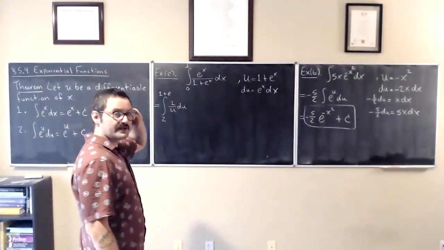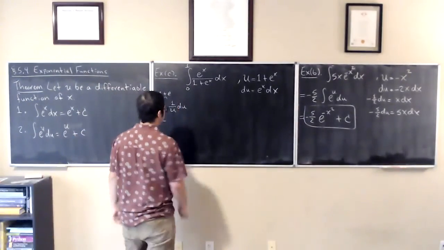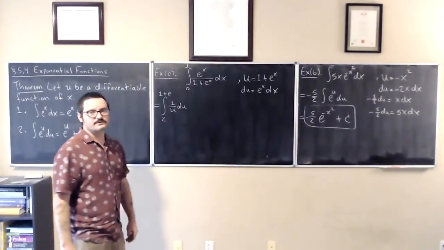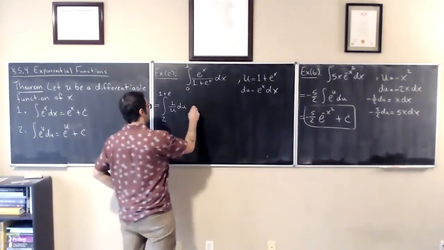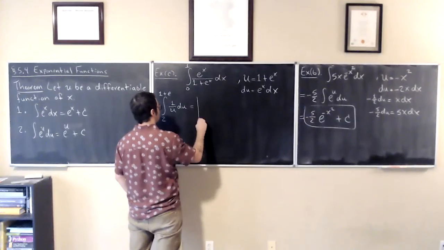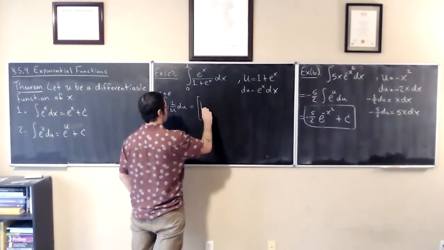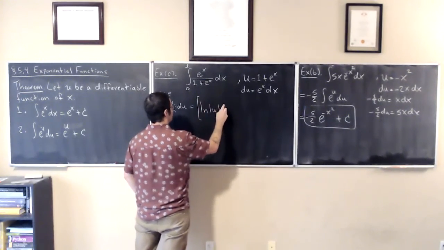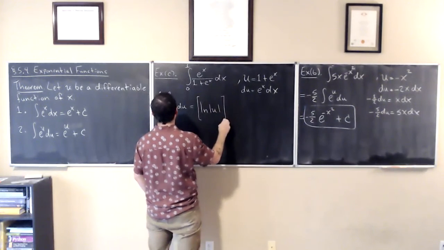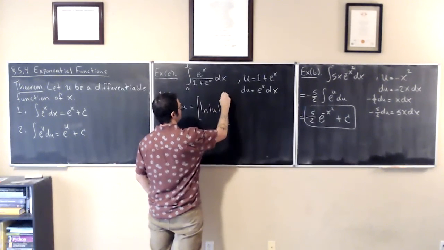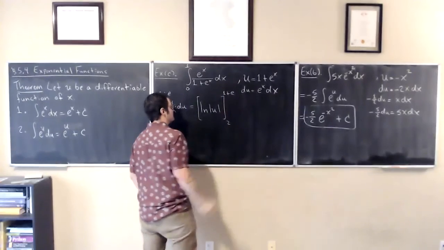And we know that antiderivative, right? We know this integral. This is natural log absolute value of u. So this is going to be natural log absolute value of u evaluated from 2 to 1 plus e.